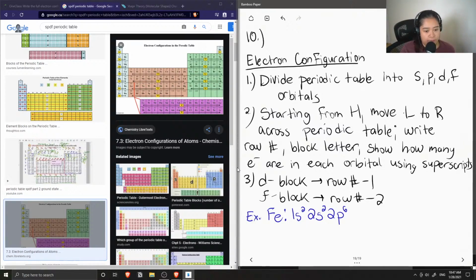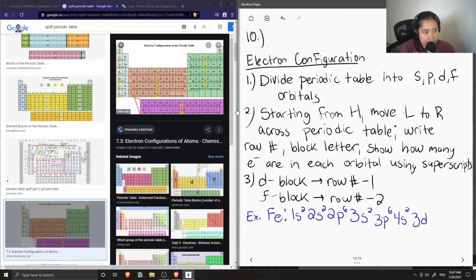And now moving over to row 3, 3s2, and then 3p6, and then we can move on to the next row, which is 4s2, and then iron is in 3d.